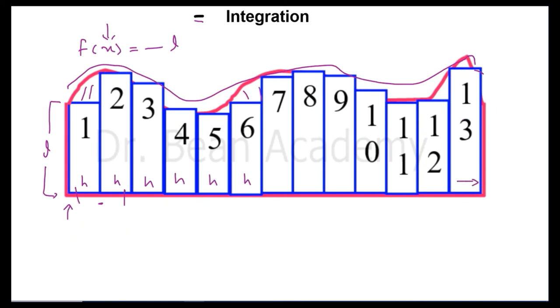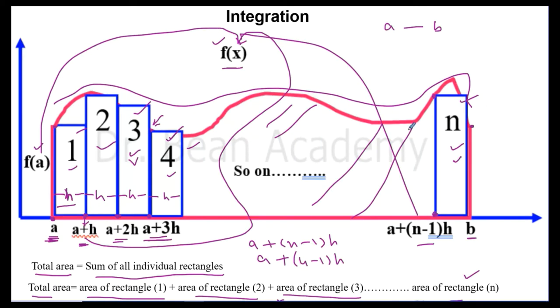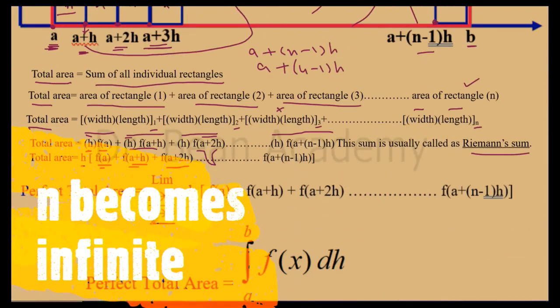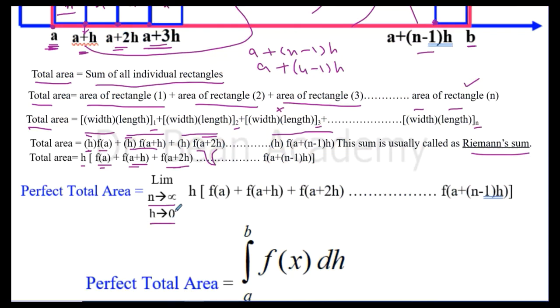Now if I put the condition that n approaches infinity, this width h will of course become 0, because if I keep on increasing the number of rectangles below the curve, h keeps decreasing, and a limit will come when h becomes 0. H, the width of each rectangle, will become 0. And of course, the rest is the same.